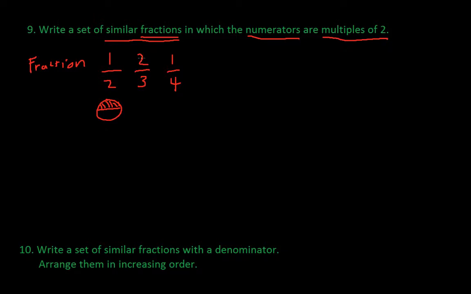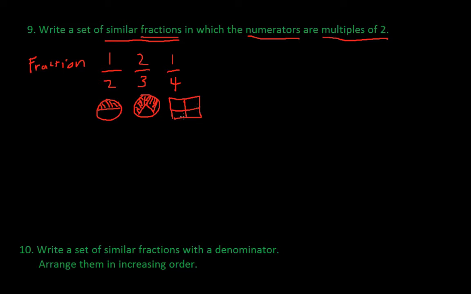Or if we want to draw 2/3, we can draw it like so. We'll divide our circle into 3 parts, and we have 2 of them, so we'll color them in. That'd be 1/3, and then this would be 2/3. And fractions don't have to be drawn as circles. They can also be drawn in really any shape you want. So you could do a square.